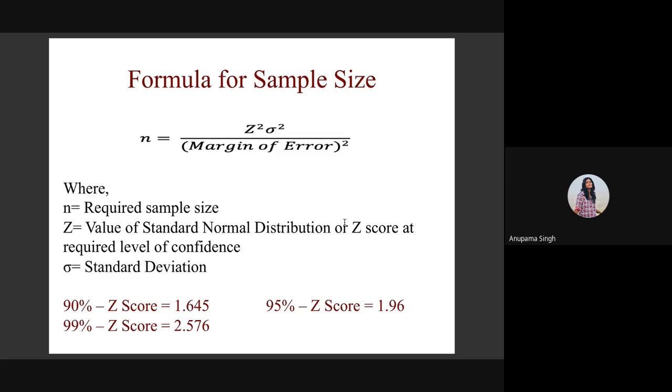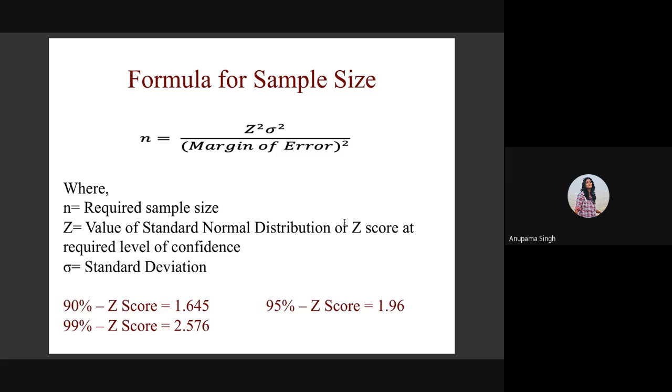We are restricted by time, so we cannot go through the whole standard normal distribution. But all you have to do is, you know your level of confidence, you check your Z score or Z value at that particular level of confidence that is already mentioned here, right? And you put the value in the formula.